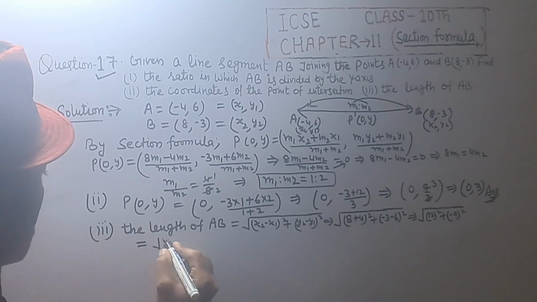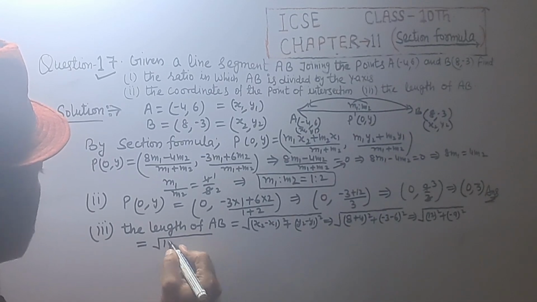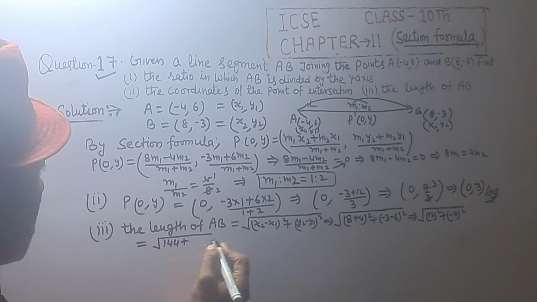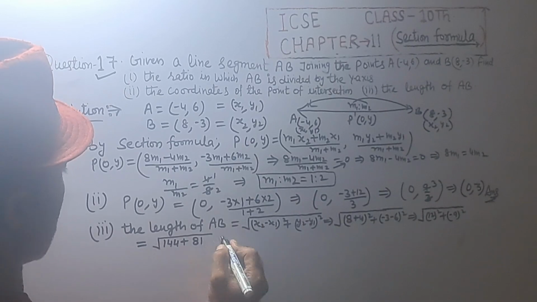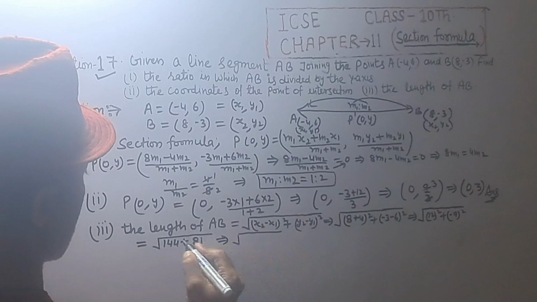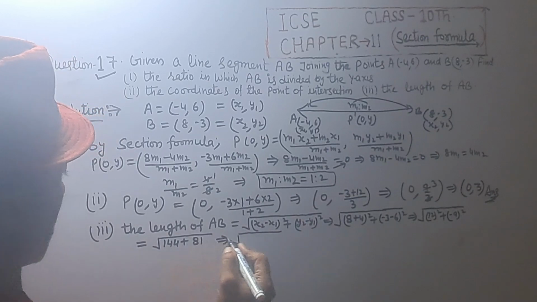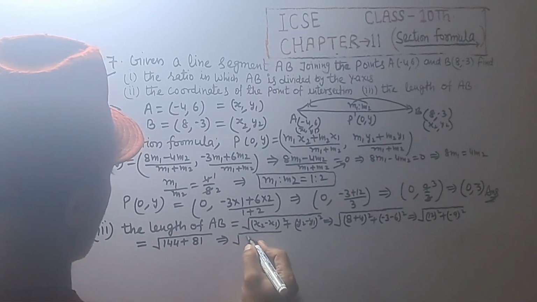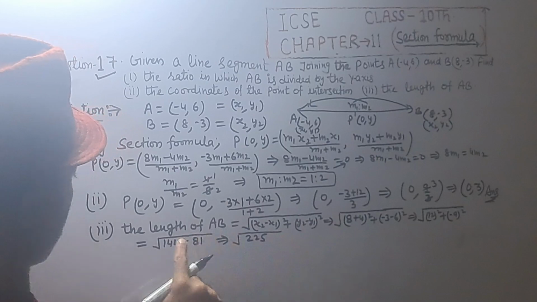That is equal to 12 12s are 144 plus 9 9s are 81, which implies we get 225.